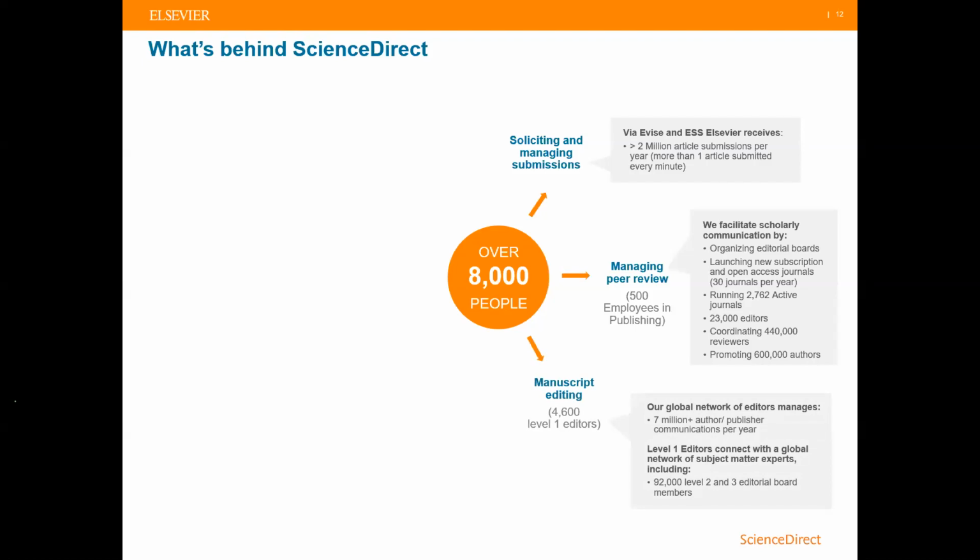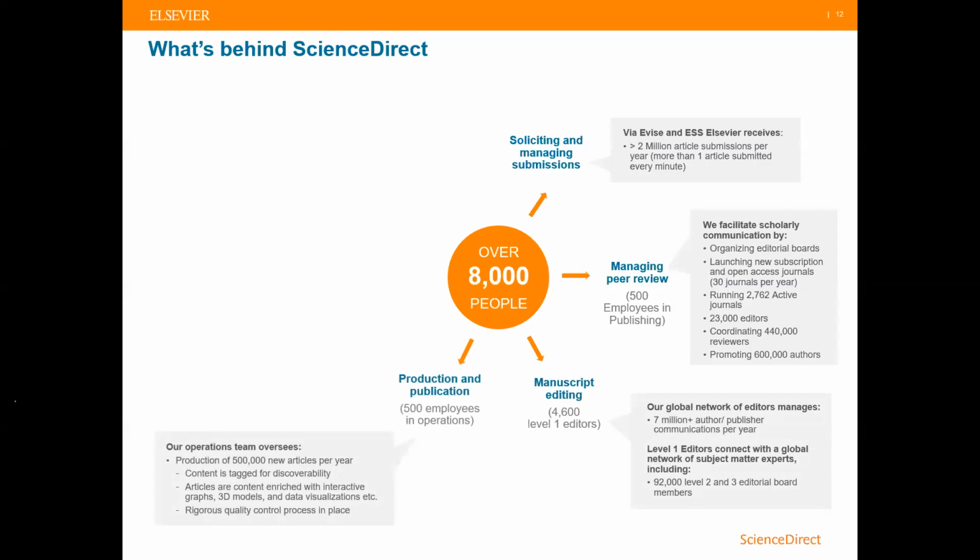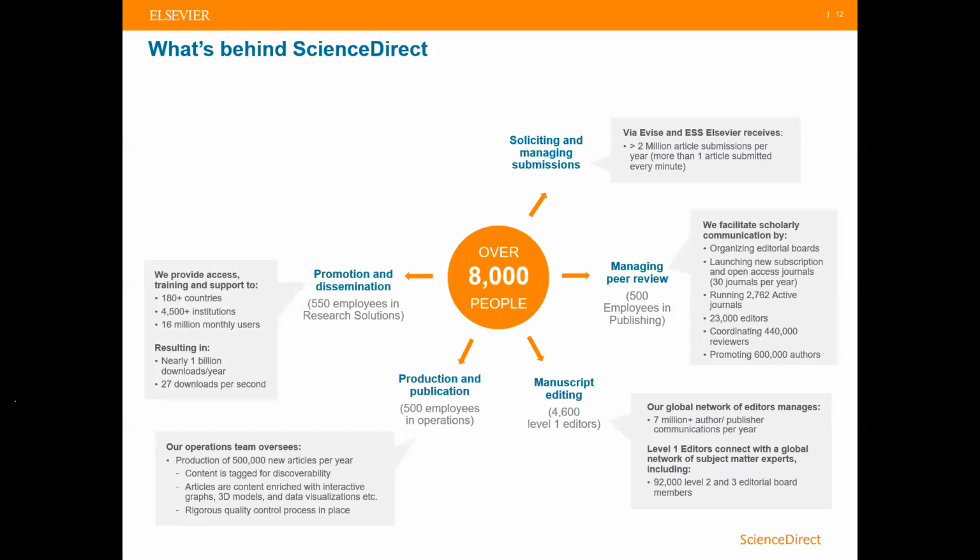We have approximately 7 million author-publisher communications every single year, and we work with over 4,600 editors who are top tier in their subject field. And as a result, we are able to produce almost 500,000 articles every single year. The content is tagged for discoverability. The articles are enriched with interactive graphs and 3D models, and we make sure that there are rigorous quality control processes in place.